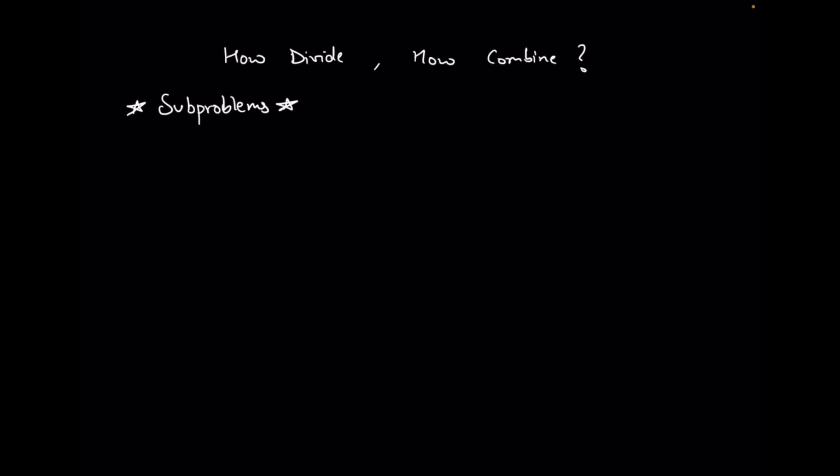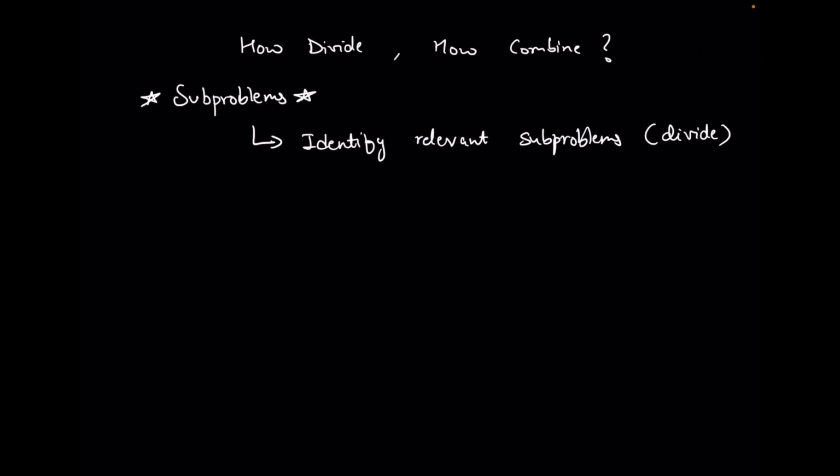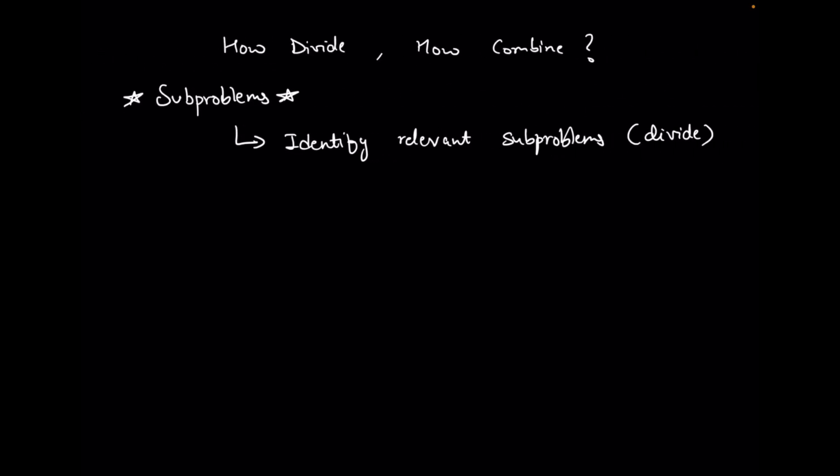Because the subproblems are where it all lies, right? To divide the problem into its subproblems, you need to know what subproblems you need to go to, right? Which means you need to identify the relevant subproblems and then divide your actual problem into these subproblems, right?